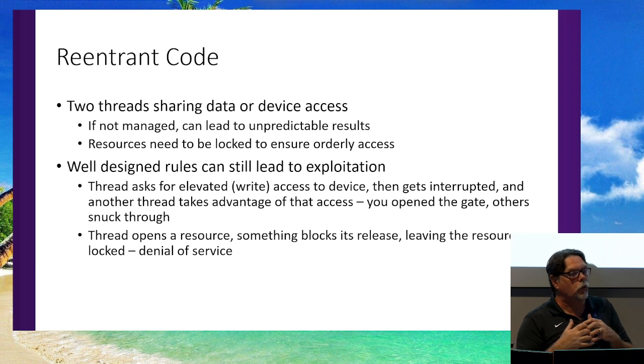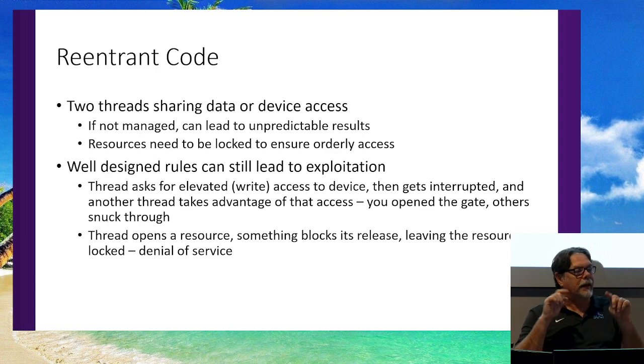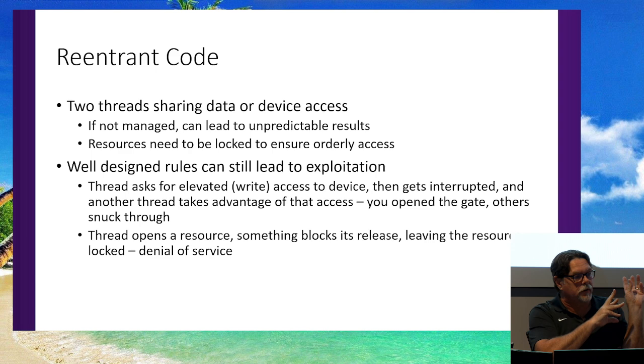Well, what somebody realized is that in these two examples, they could get access to the folder and write to it to change the definition of the tasks. Or they could delete the folder and cause the tasks to go away with a denial of service attack.